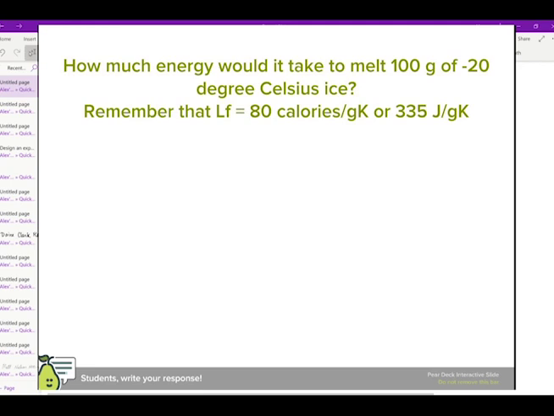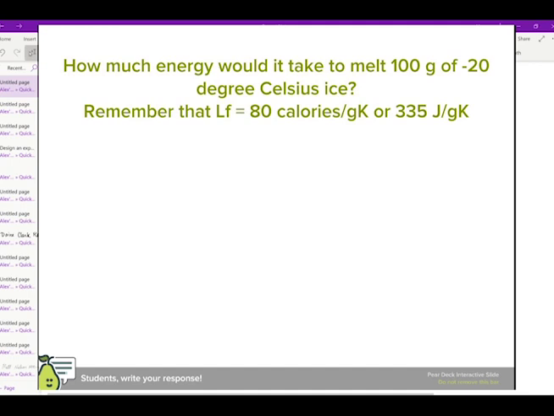Okay, so here's the question, and I'm afraid that if I make it full screen, my recording will stop on me. So I just want to see, how much energy would it take to melt 100 grams of negative 20 degrees Celsius ice? So remember that this L right here, you know, we use C for the MCAT portion, right?